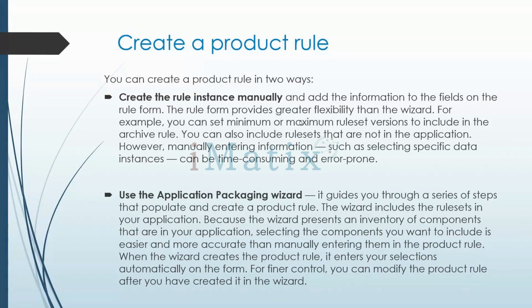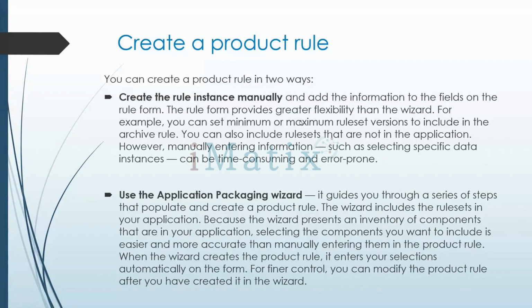It's easy for me when I'm dealing with huge applications, I can go for a packaging wizard. It shows me all the details. I can select and deselect what is required. And it's more like an organized way of generating your product.